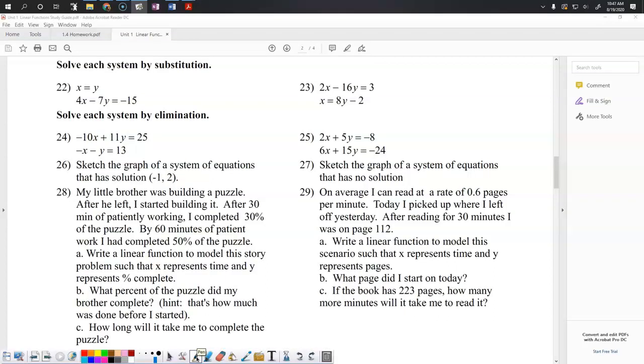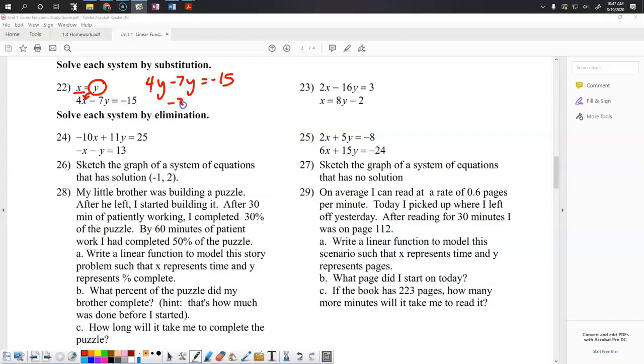So in this case, we have the fact that x is equal to y. And since x is equal to y, what I can do is replace x in the other equation with y. So if I do that, instead of 4x minus 7y equals negative 15, it becomes 4y minus 7y equals negative 15. And then we go ahead and do the math from there.